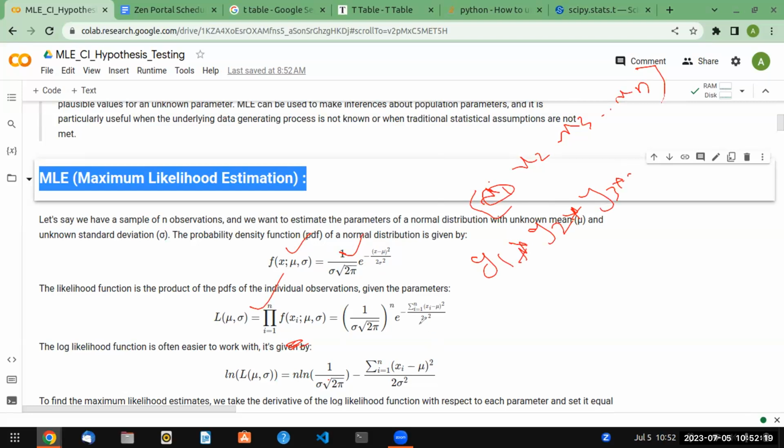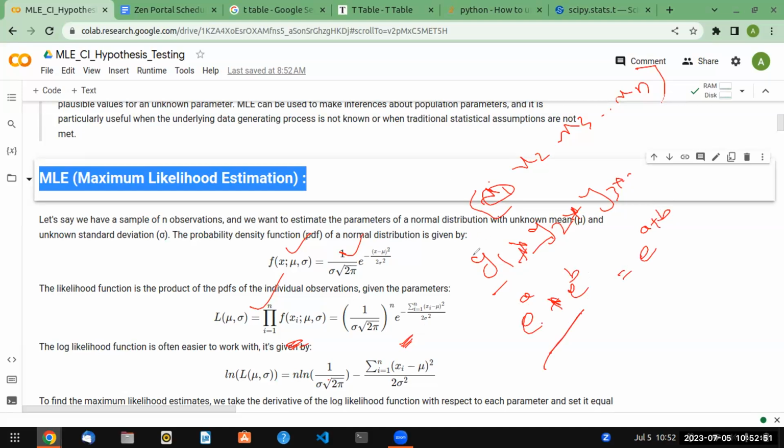Now, can you see after doing the multiplication, here is a little mathematical understanding you need to develop. When you multiply two things with an exponential term inside, suppose y1 is e to the power a and y2 is e to the power b, what is the result? e to the power a plus b. This comes from mathematics, guys.